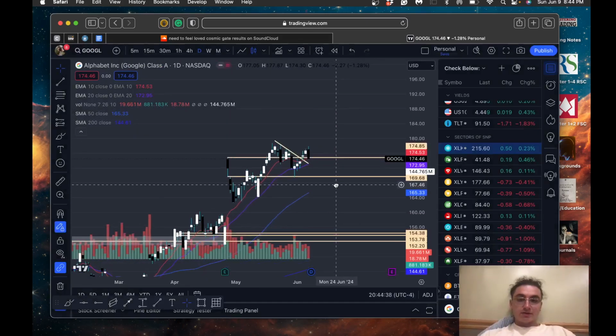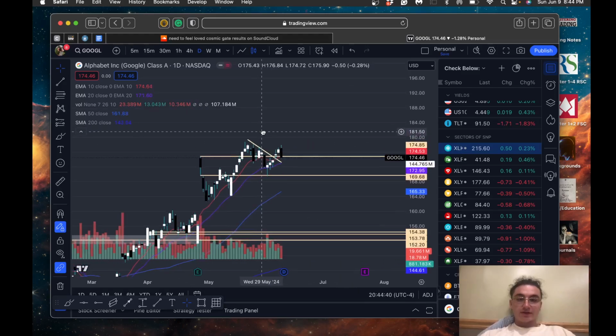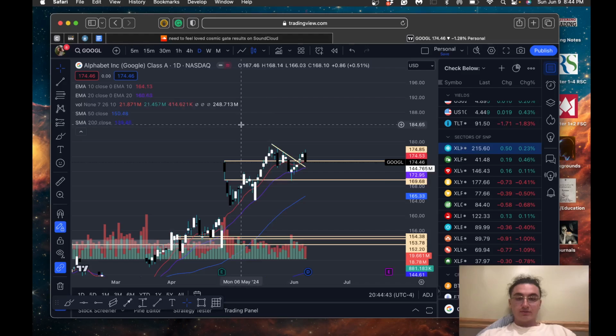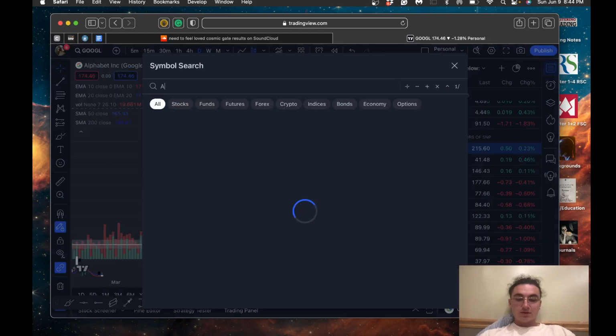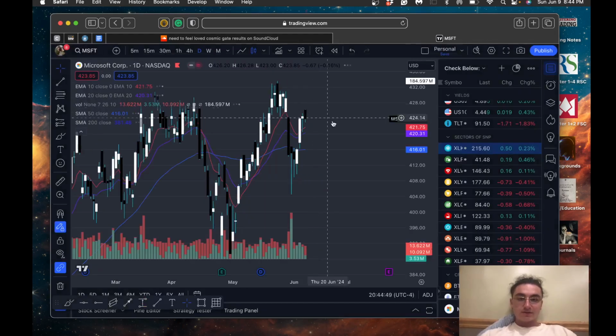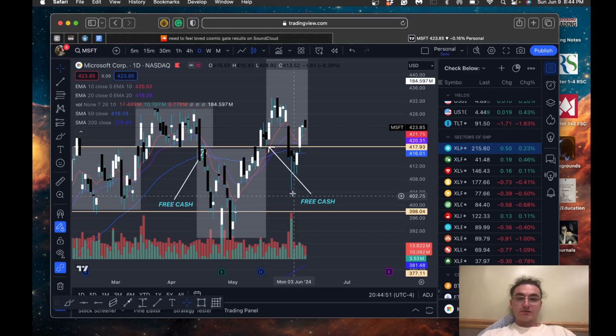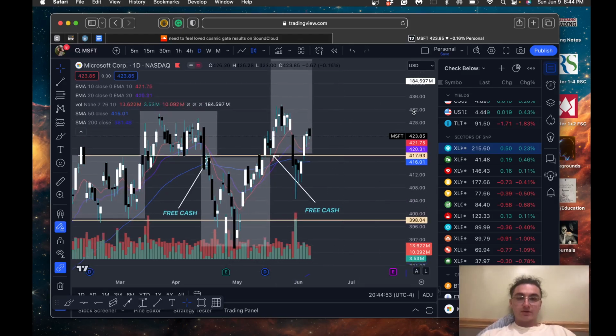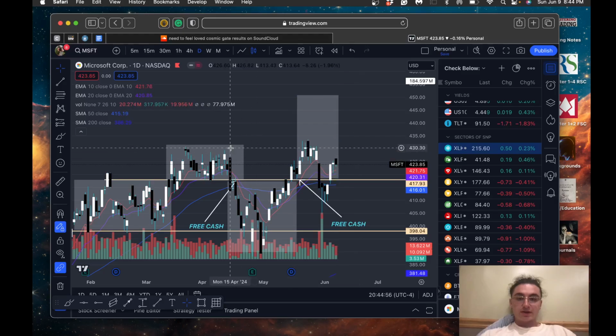we can see Google here about to break out of a nice consolidation high right here. It's looking to make a higher high here. We have to see. Microsoft getting some nice inflow, big volume here, and looking to break out after making this higher high right here, higher low, looking to make another higher high and break out.